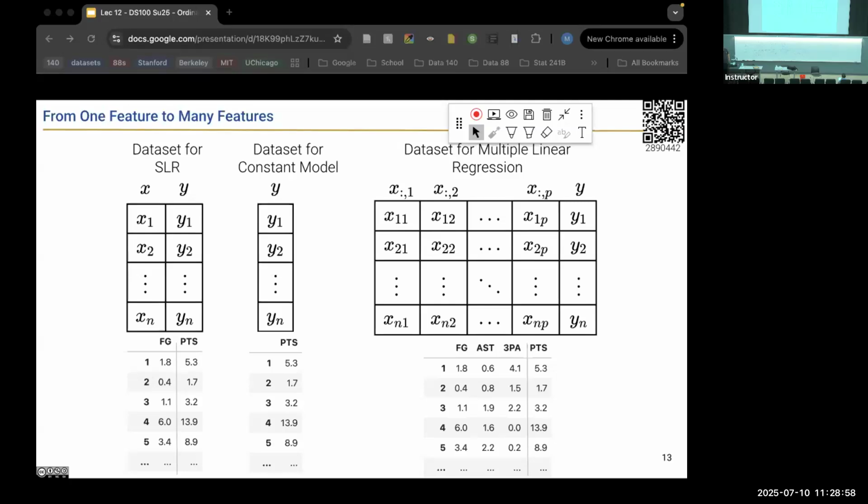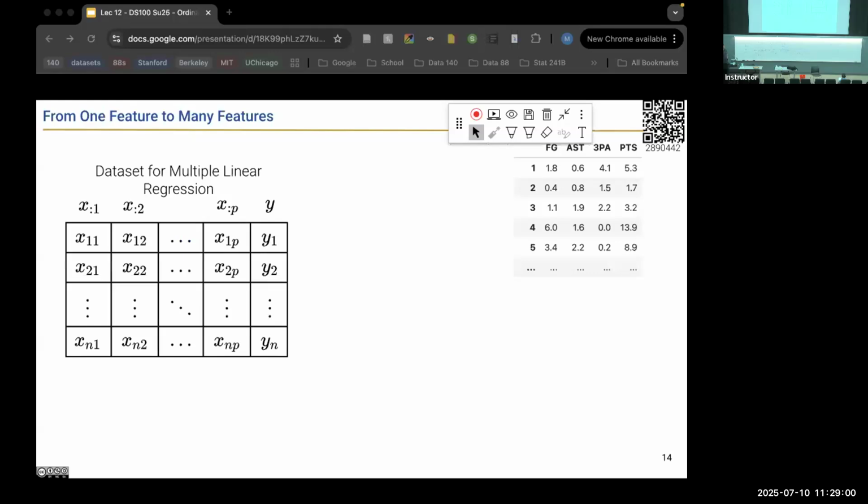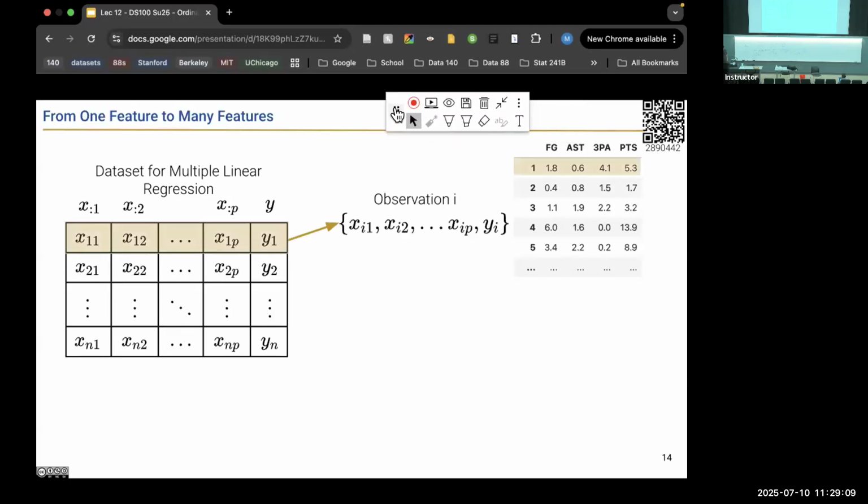Okay, then let's put this in the context of the NBA data again. All right, so say I want everything in the first row, that would represent observation 1.